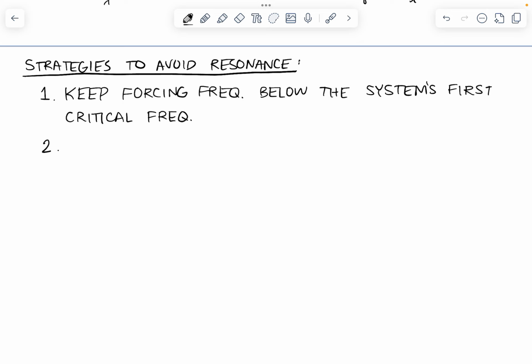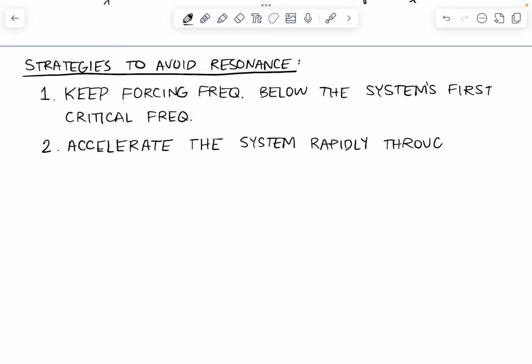Next, if that's not possible, if you need to have a forcing frequency that is higher than your first critical frequency, one strategy you can try is to accelerate the system rapidly through the resonance.